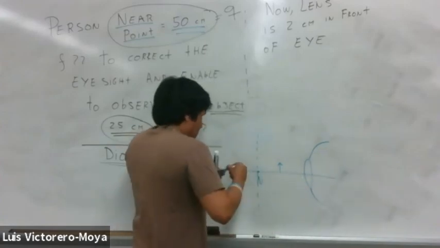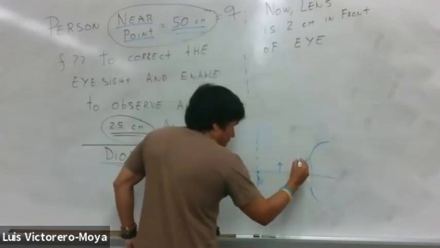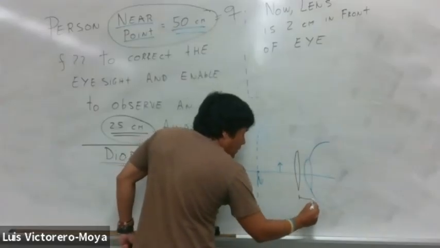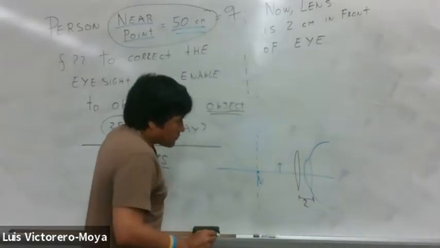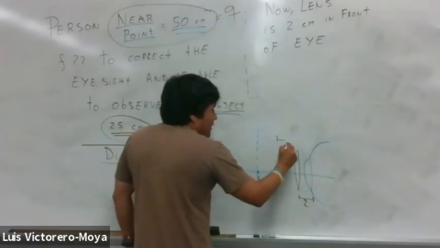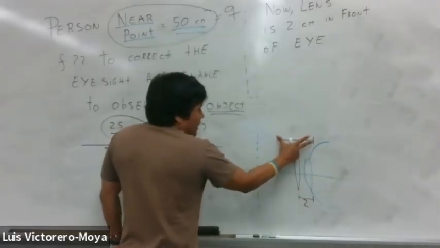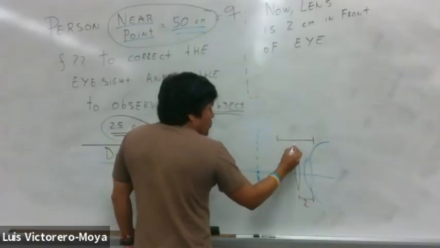Now we're saying that the lens is going to be, this is 2. So the object distance is not 25 anymore. This was 25, it's 25 minus 2.